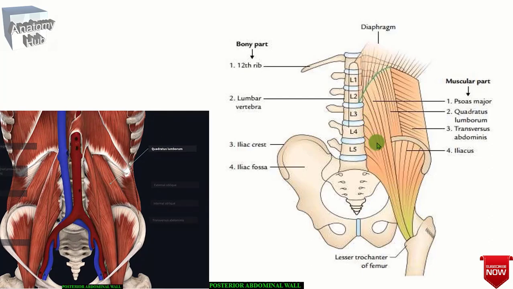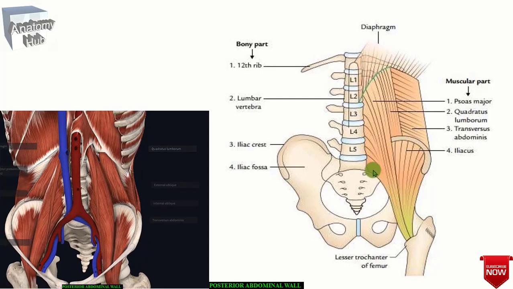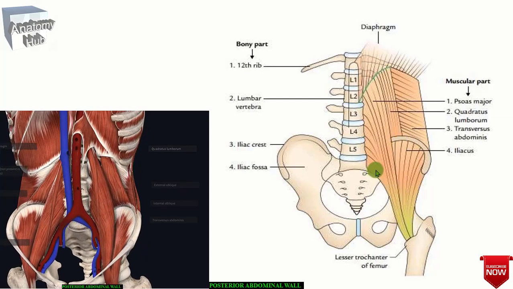Then you will find the iliacus muscle. It is a fan-shaped muscle that forms the lateral component of the iliopsoas muscle. Its origin is from the upper 2/3 of the floor of the iliac fossa, the inner lip of the iliac crest, and the upper surface of the lateral part of the sacrum.